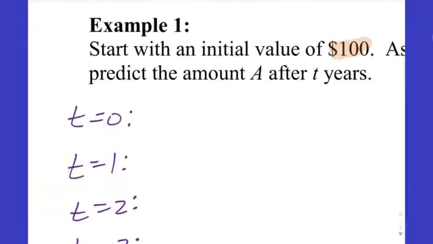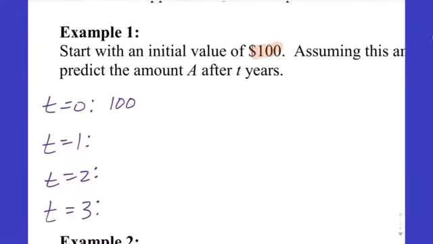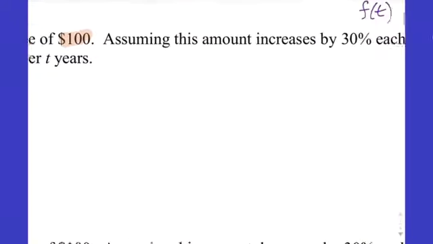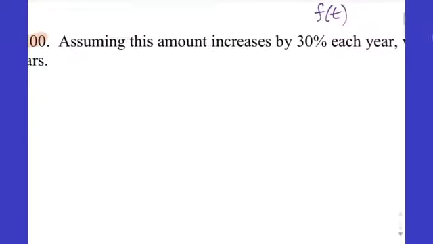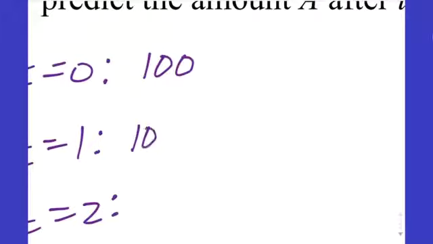So how much money do we have at t equals 0? $100, right? I'm not even going to put units. You know the units are dollar signs, right? We got $100. At the end of the first year, how much do we have if we are increasing the amount by 30%? Well, it should be everything we had before: 100 plus another 30% of 100.